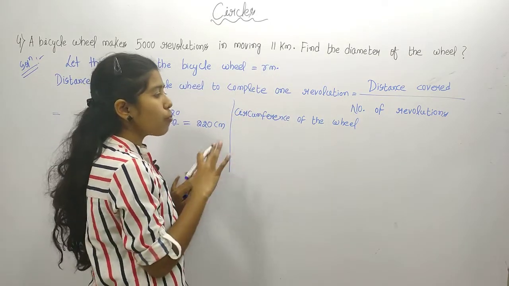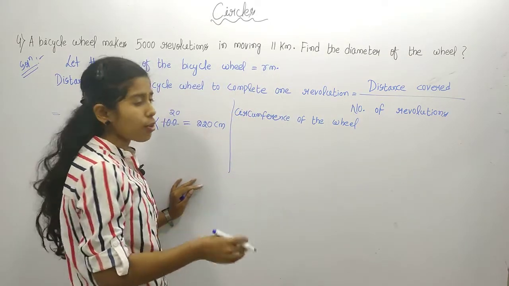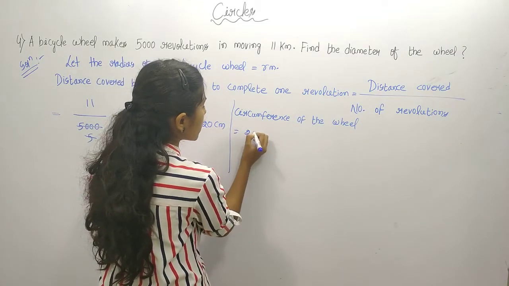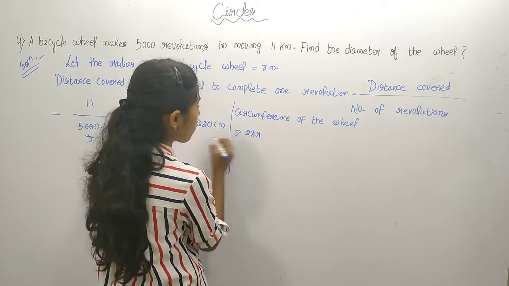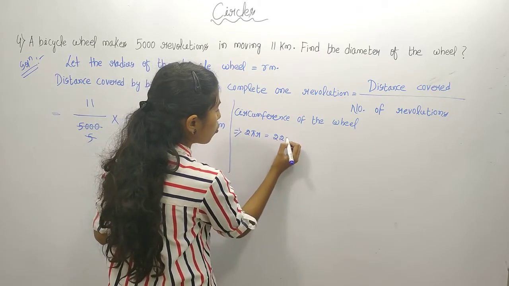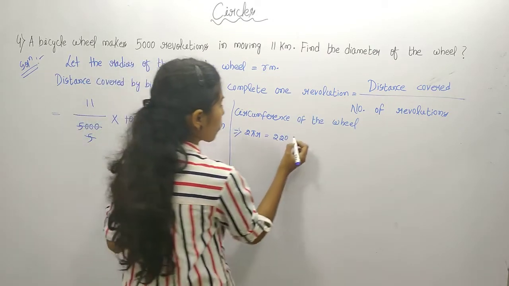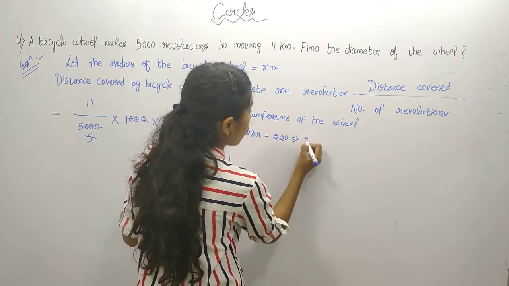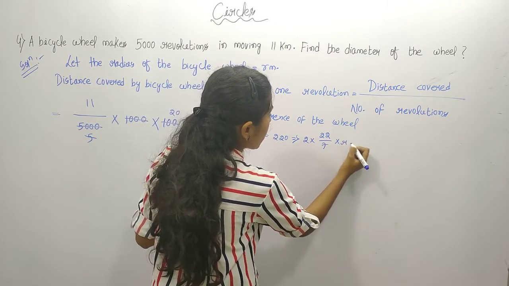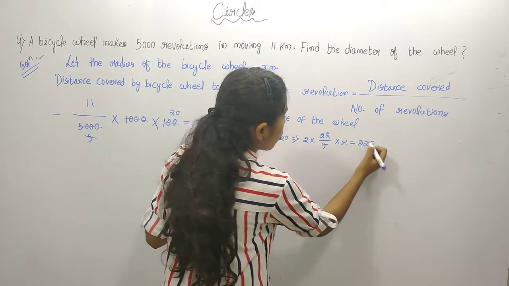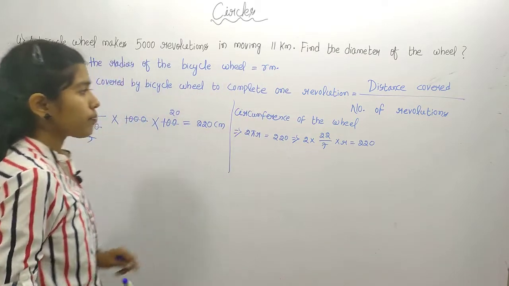So the circumference of the wheel is similar to circumference of a circle, which is equals to 2 pi r. So here 2 pi r equals how much? 220. Okay. So that implies 2 into 22 divided by 7 into r equals 220. Okay.